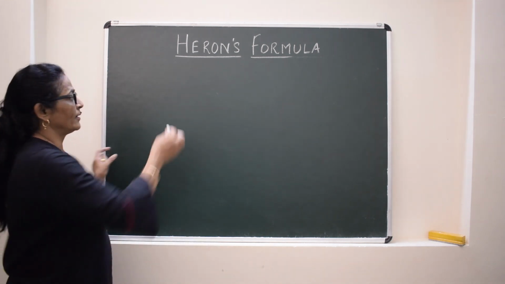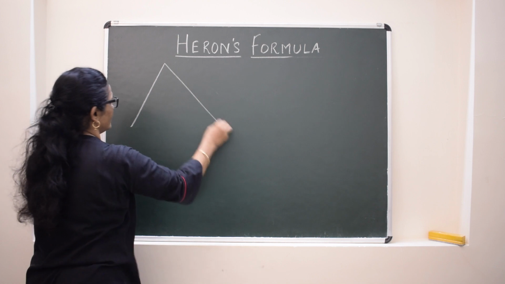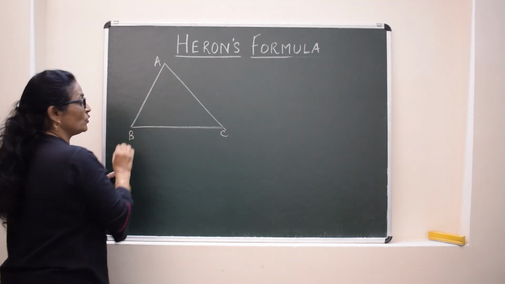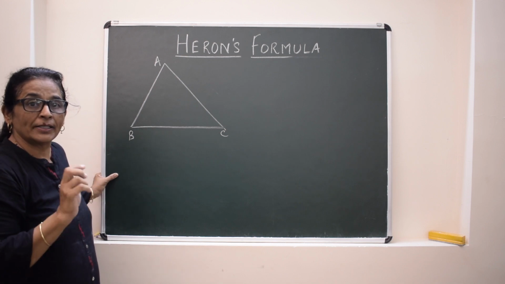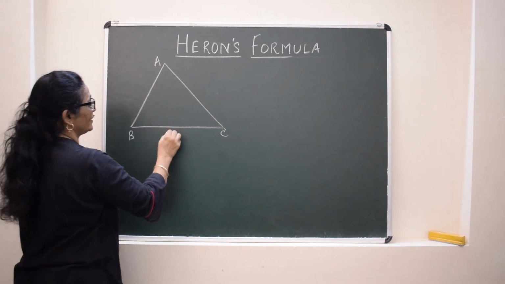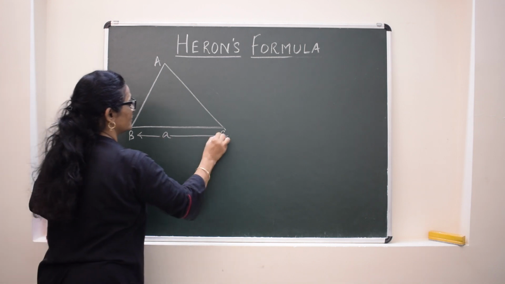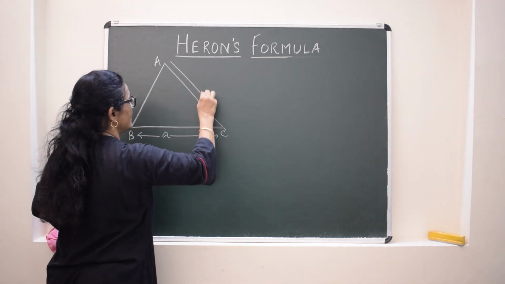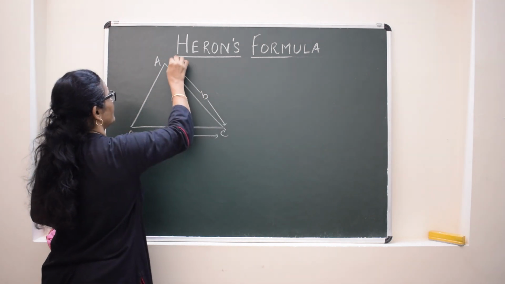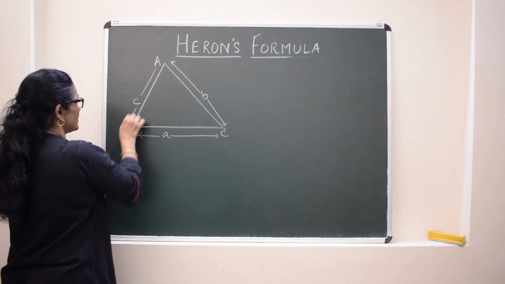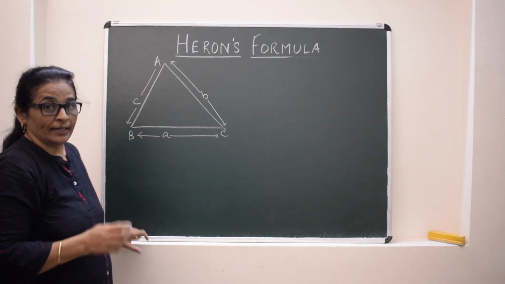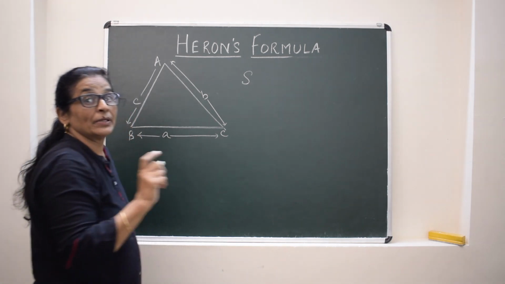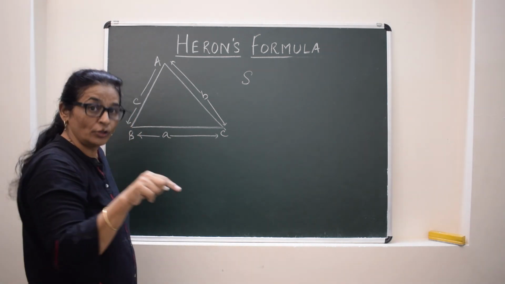So in a triangle ABC, normally we denote the sides of the triangle by small letters corresponding to the capital letters. If we take BC as a units, AC as b units and AB as c units, then s is the semi-perimeter, meaning perimeter upon 2.